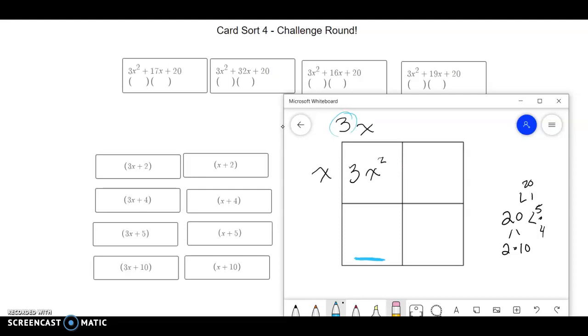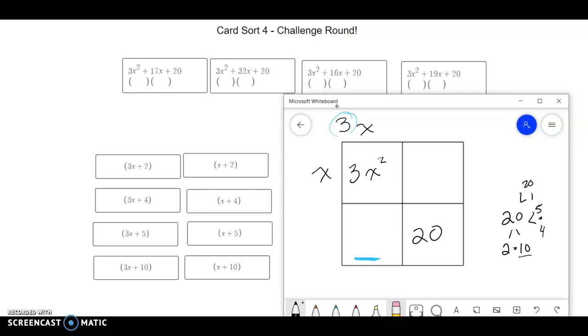Meaning whatever this number is, so factor 2, 10. So if I put a 2 here, 3 times 2 would give me a 6x. Okay? So we have 20 here. This is our 20. We have a positive 20. So what we can see is I need to get to 17. Well, let's try 3 times 10.